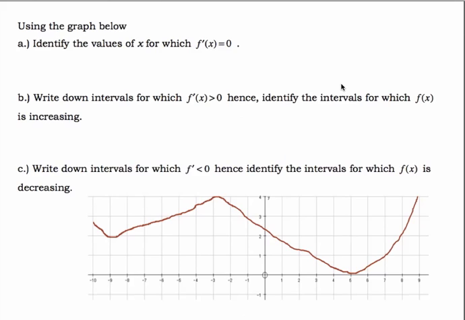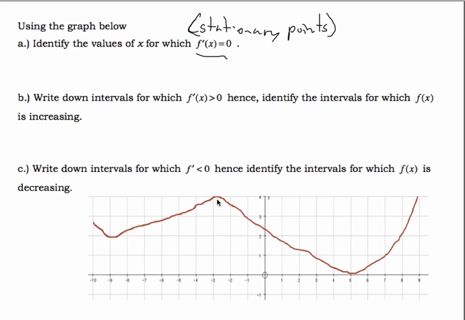Okay, next example. Identify the values of x for which the derivative equals 0. So it's talking about the stationary points, where the slope of the tangent equals 0.